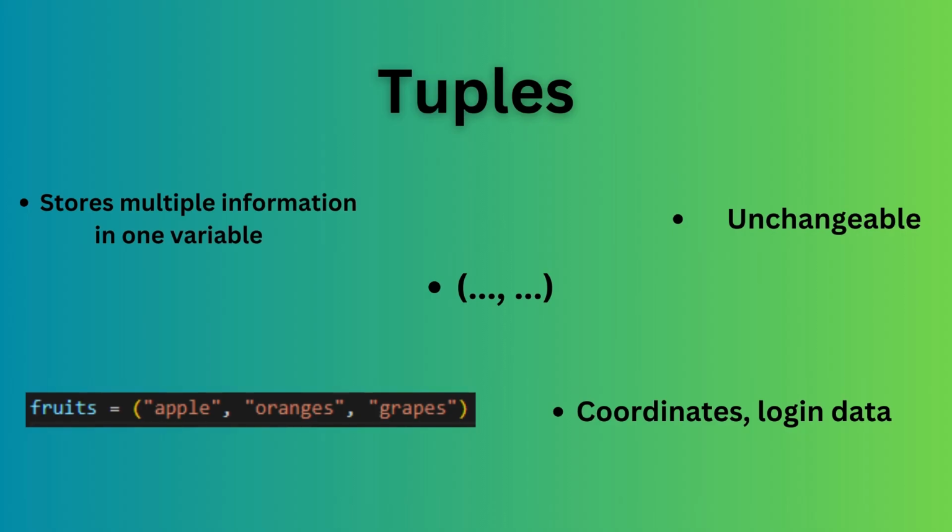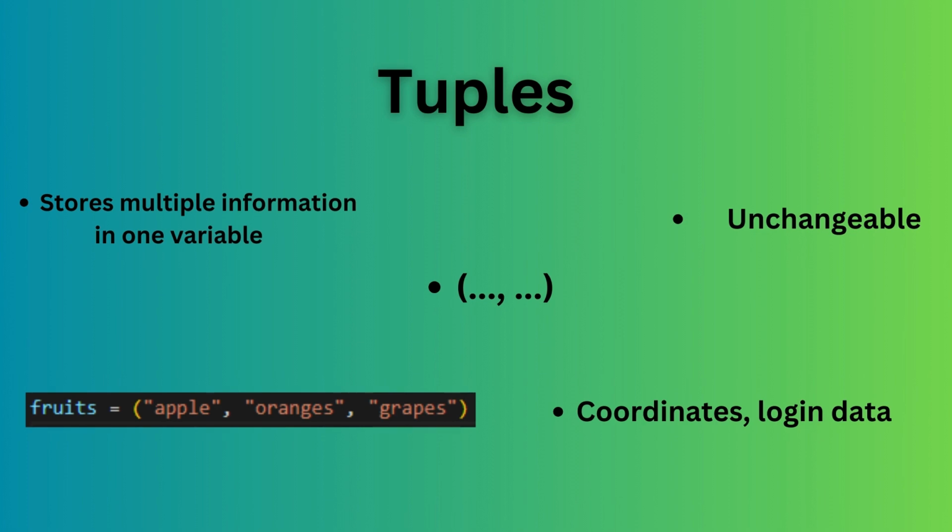Now let's get into the difficult data types. The first one is a tuple. A tuple looks like a list, but uses parentheses as its symbol, and it is unchangeable. I made a whole video about lists. You can add and remove things in a list, but in a tuple it is unchangeable, so you can't add anything or remove anything.